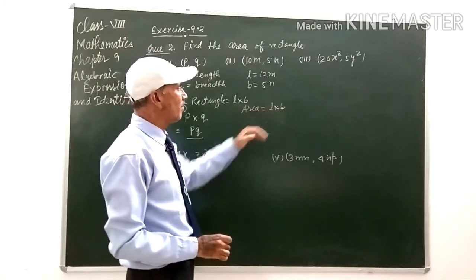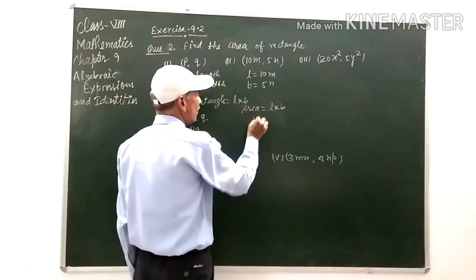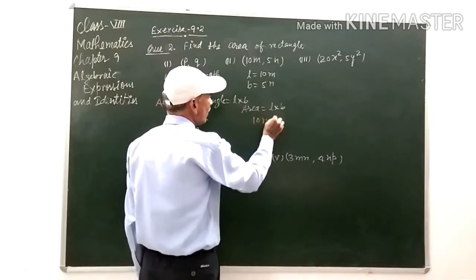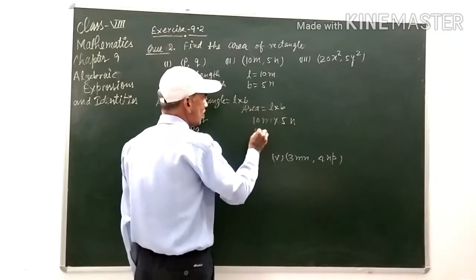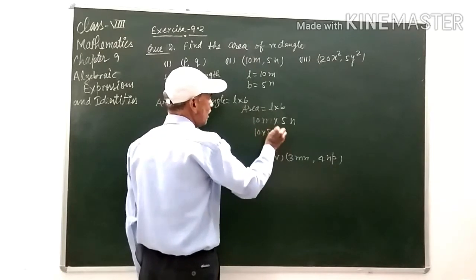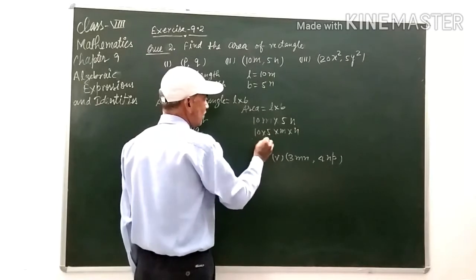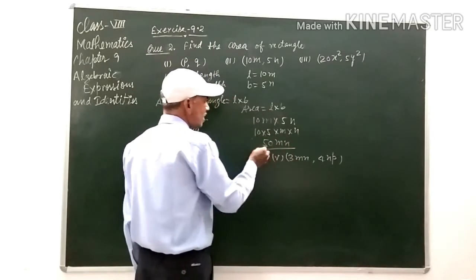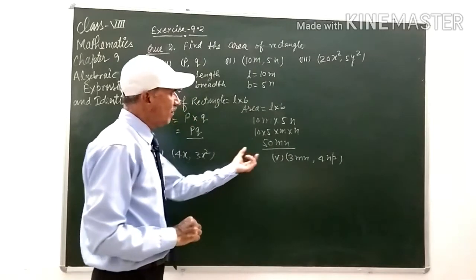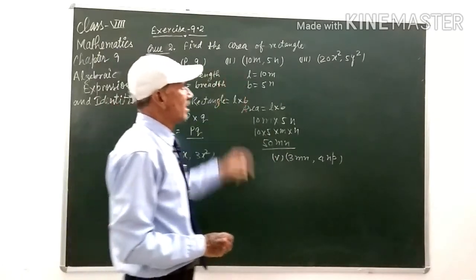So area of rectangle will be L into B, that will be 10m into 5n. So first 10 into 5 into m into n. 10 fives are 50mn. This is the answer, 50mn. This is the area of this rectangle.